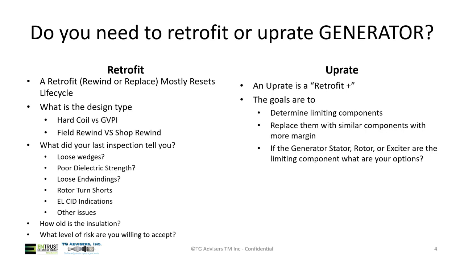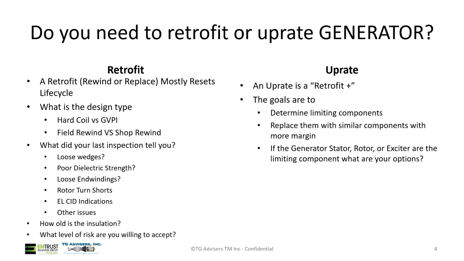Field rewind versus shop rewind. What did your last inspection tell you? Do you have loose wedges, short dielectric strength, loose end windings, rotor turn shorts, L-sit indications, other issues?